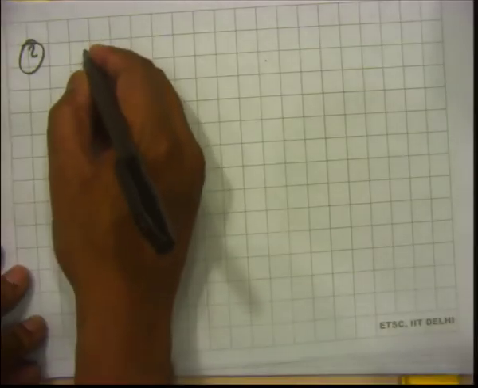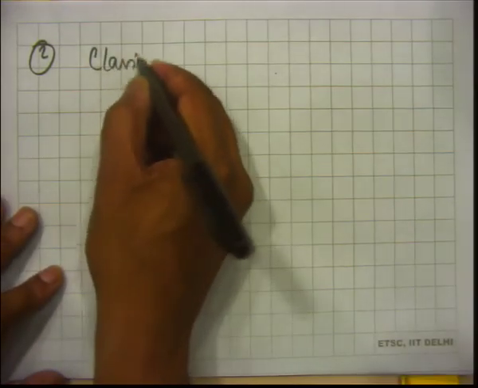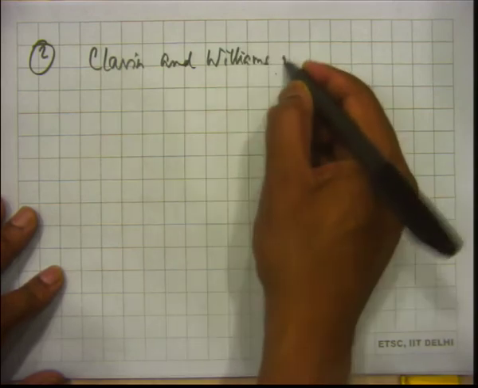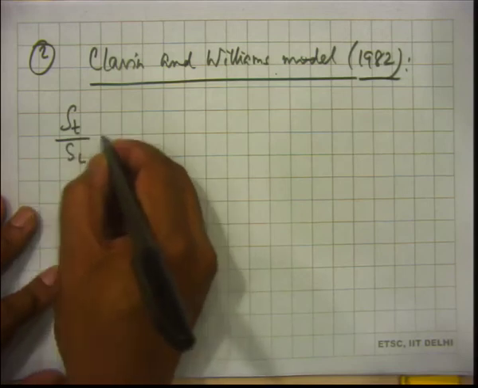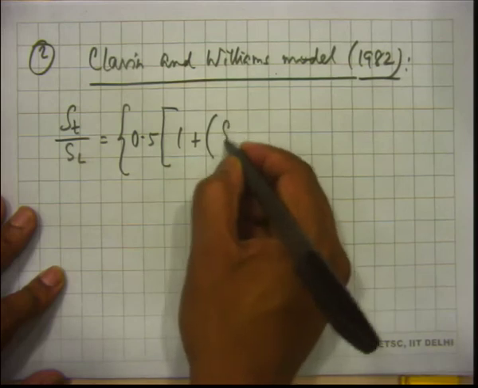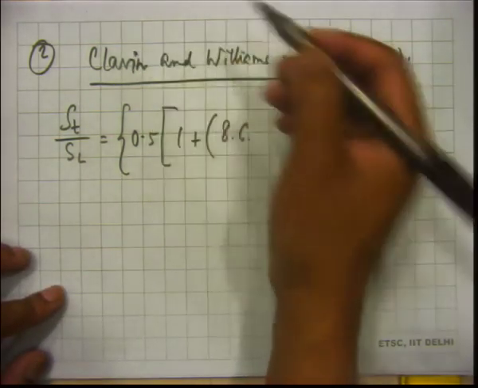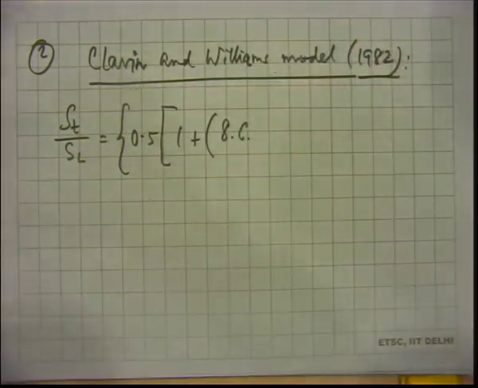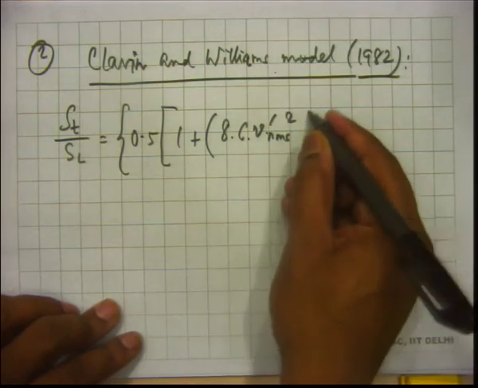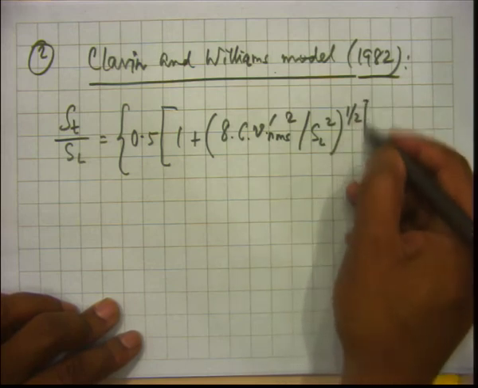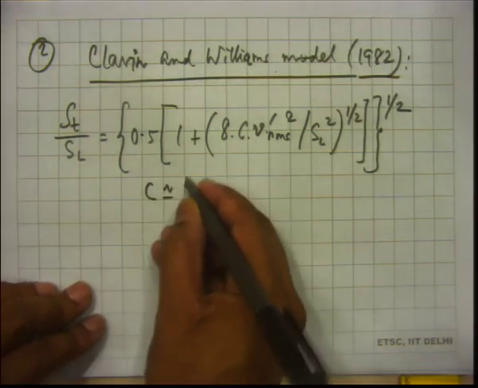So, Damkohler is number 1, and then there is the Clavin and Williams model, from 1982, which gave ST by SL with a 0.5 in it. That is Clavin, and this is Williams. And actually C is approximately equal to 1, very close to 1.